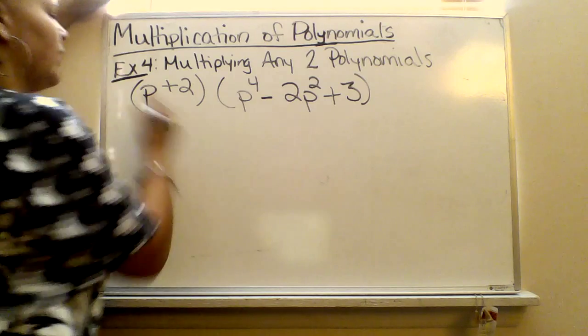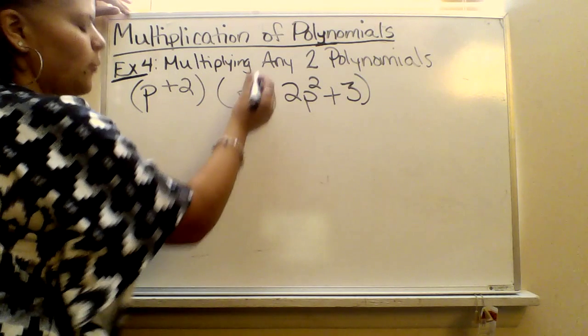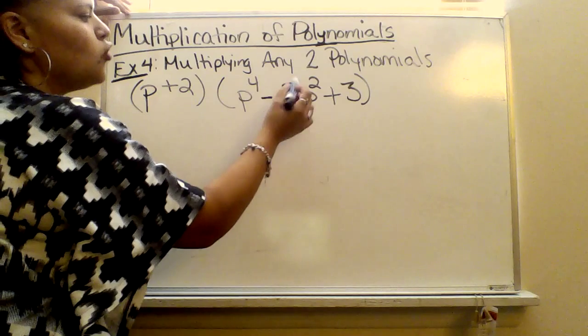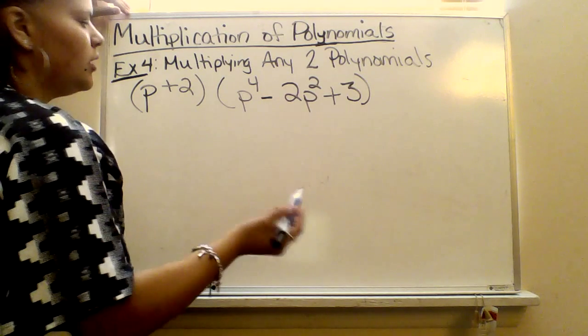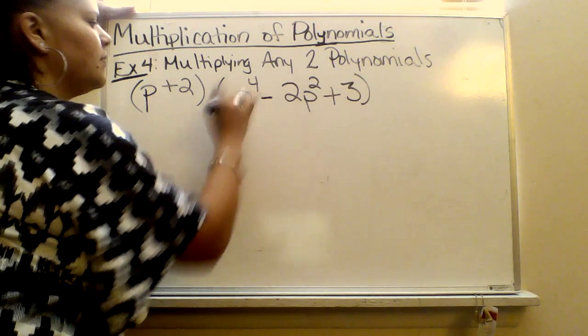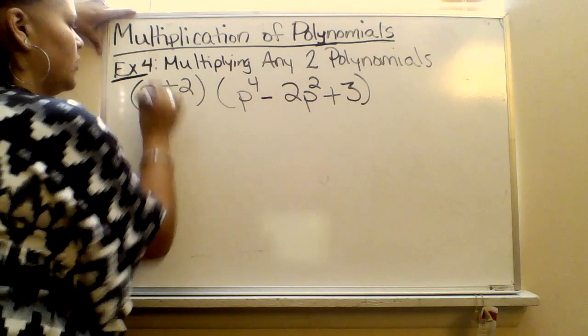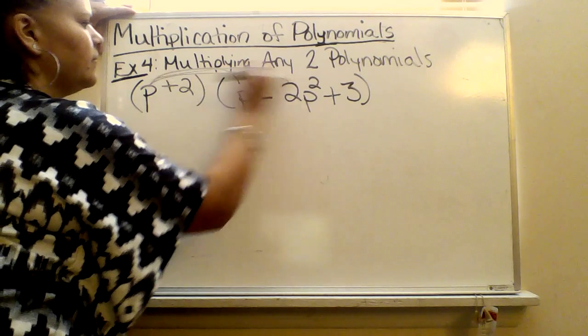So let's start off. We have p plus 2 times p to the 4th power minus 2p squared plus 3. What we're going to do is start off by multiplying everything on the right in this expression with p. So p times everything over here.